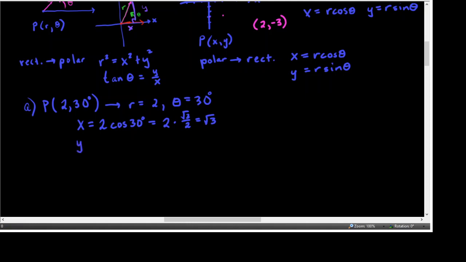And y will be r, which is 2, sine of theta, which is 30 degrees. The sine of 30 degrees is 1/2. And of course, 2 times 1/2 is 1. And so therefore, the point P in rectangular coordinates would be square root of 3, comma 1.